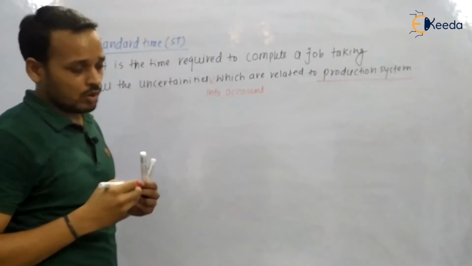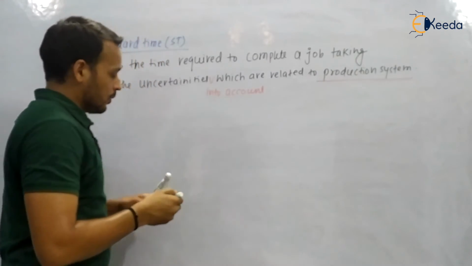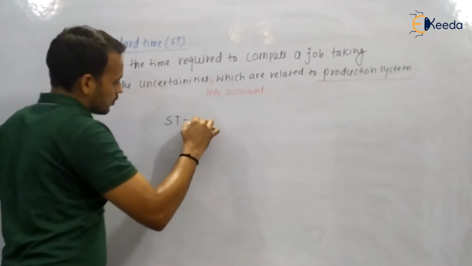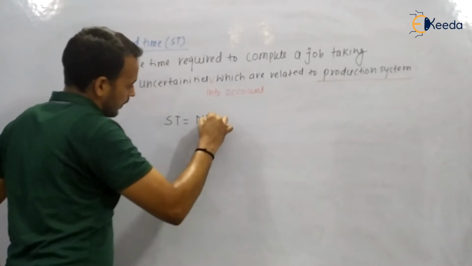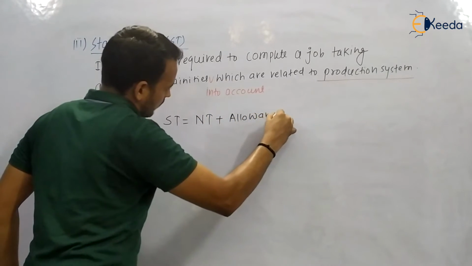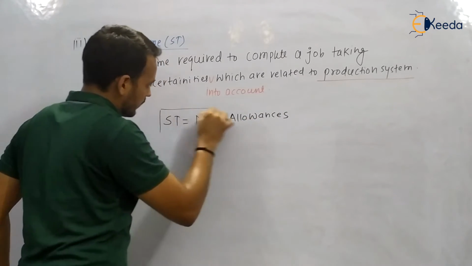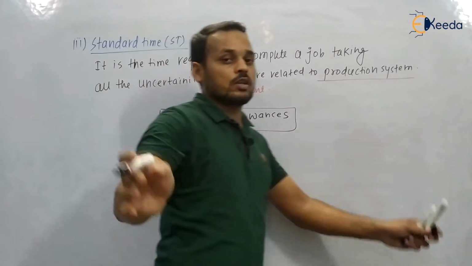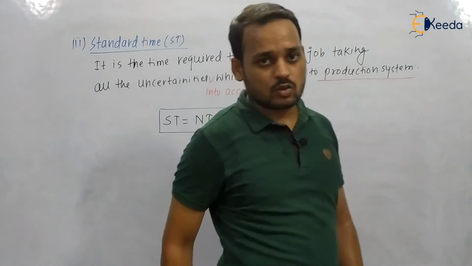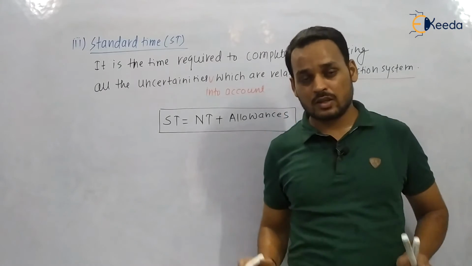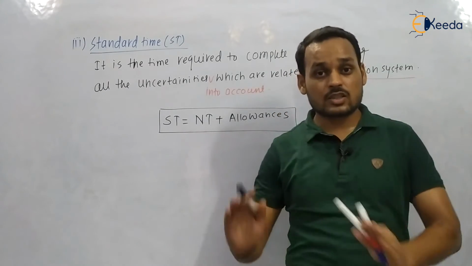So what does it mean? We can say that the standard time is going to be equal to the normal time plus allowance. These allowances are the uncertainties, you can say. A person is not going to work continuously like a machine. It means you have to provide him some kind of allowance, like rest allowance.